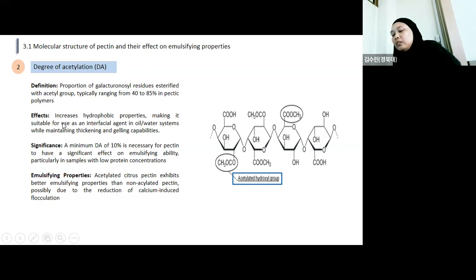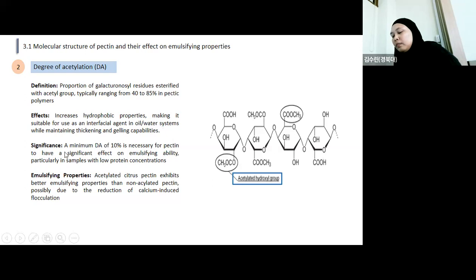The effect here is that this acetyl group, the same as the group before, increases the hydrophobic properties, making it suitable to be used as an interfacial agent in oil-water systems. It also can maintain thickening and increase the gelling capabilities of pectin.